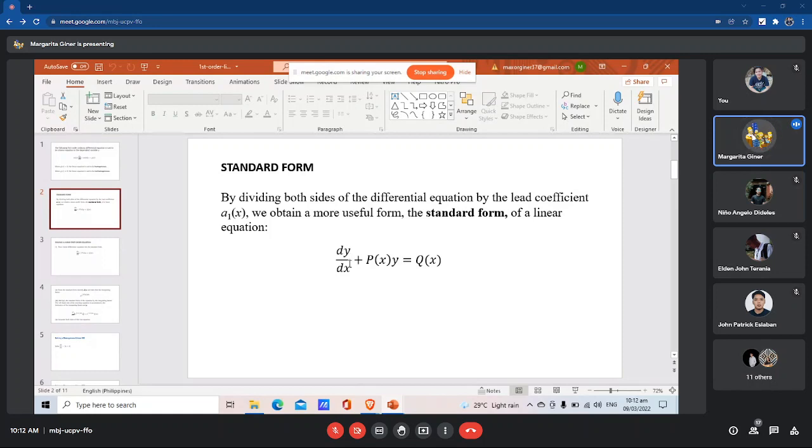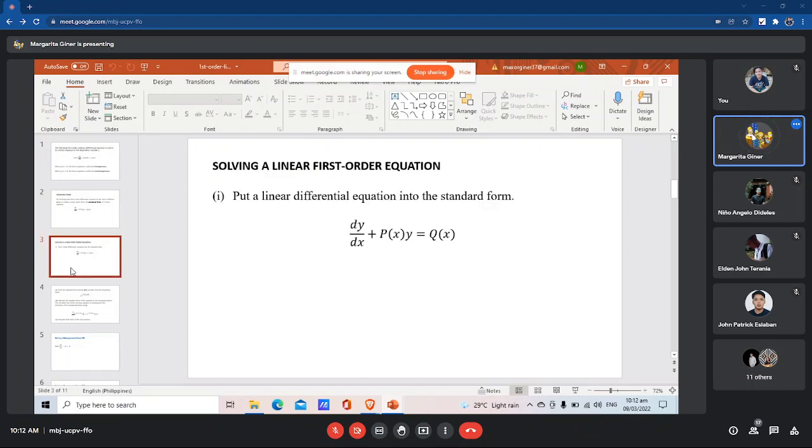Okay? dy over dx plus p of x times y is equal to q of x. So if our differential equation is not in standard form, you make it a standard form. It should look like this. Once it does not look like this, you cannot solve your differential equation. Okay? Remember this equation.